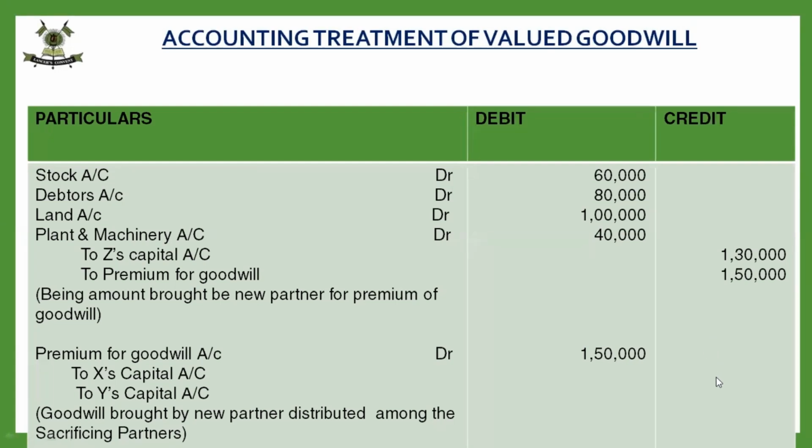This will come out to be 90,000 and 60,000. This is simple. Since the old profit sharing ratio was the sacrificing ratio, this 1,50,000 will be distributed in the ratio of 3:2. Very correct. I hope it's clear now that assets can be brought for capital as well as premium for goodwill.